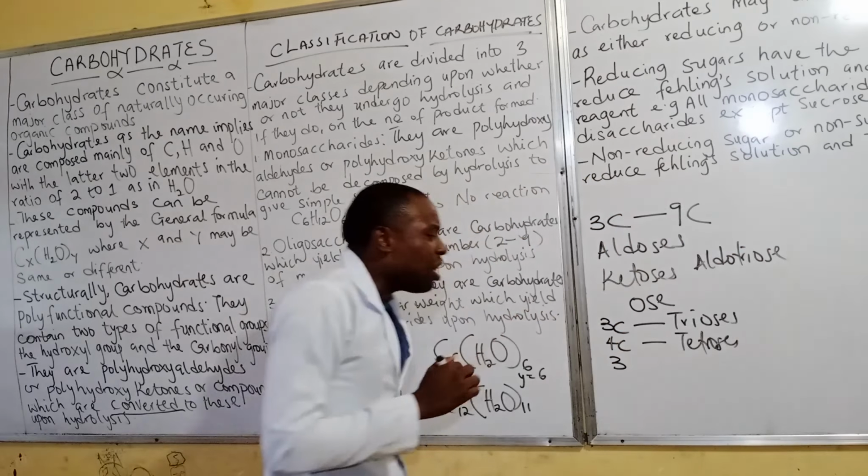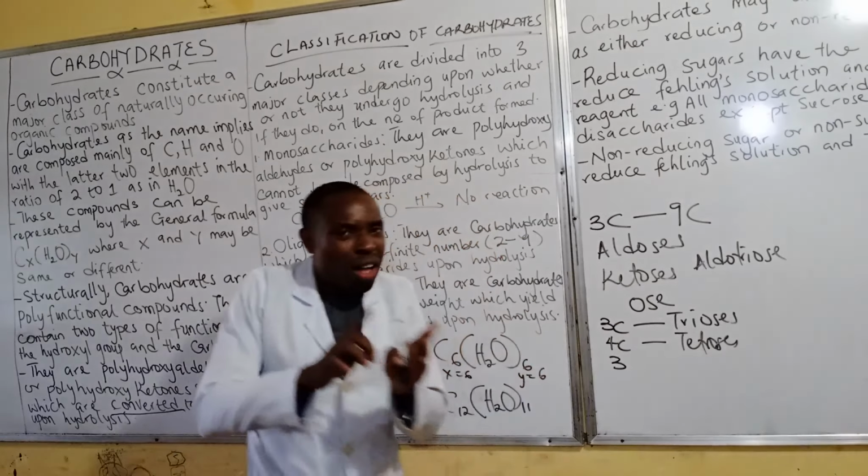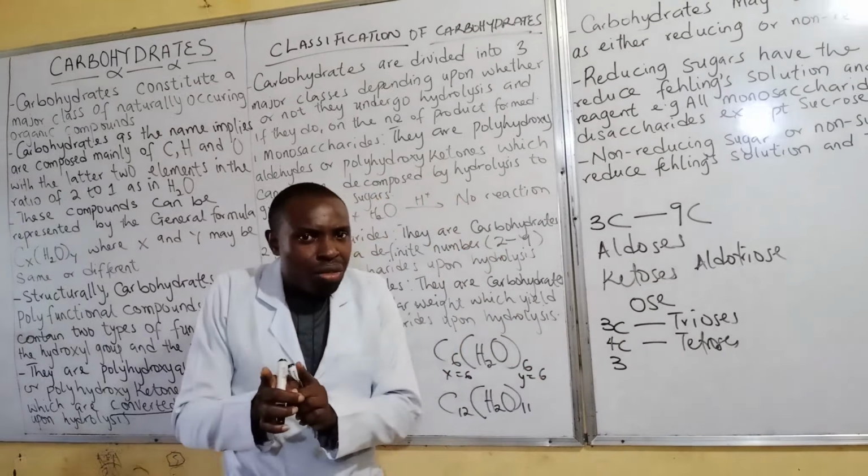If I have a 4-carbon sugar carrying an aldehyde functional group, we call it an aldotetrose. What if that same monosaccharide has 3 carbons and contains a ketone functional group? It will be called what now? A ketotriose.